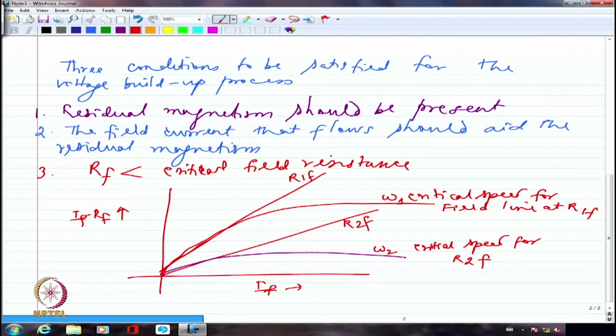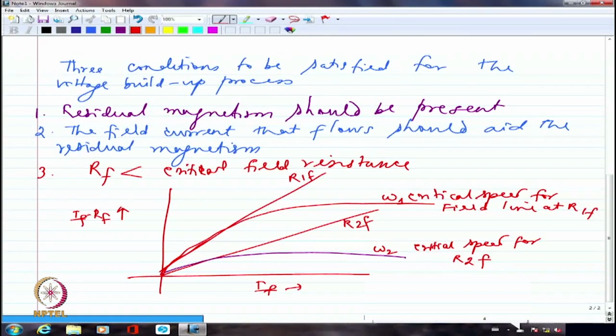So I am going to have basically a critical speed defined for a given value of field resistance. Similarly, critical field resistance defined for a particular value of speed. So I would be able to do both in a field circuit, but in general, we drive the generator at rated speed, whatever is given as the rated speed.